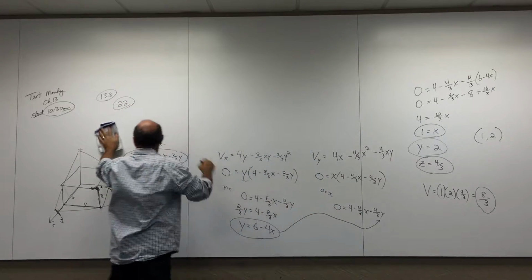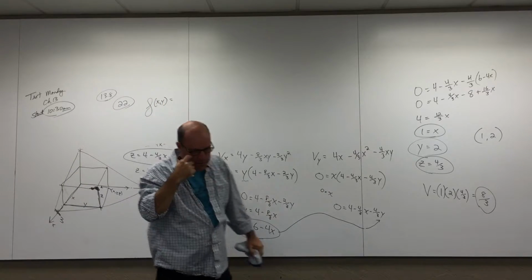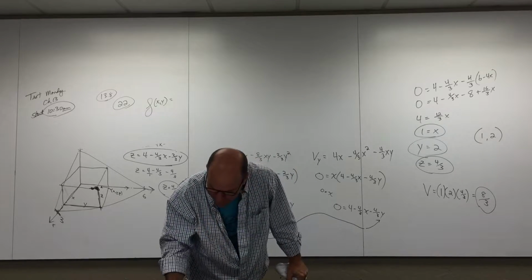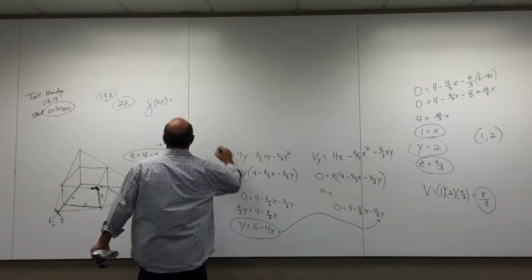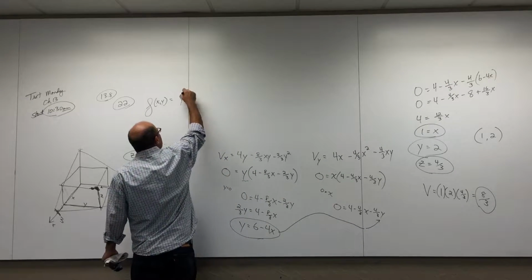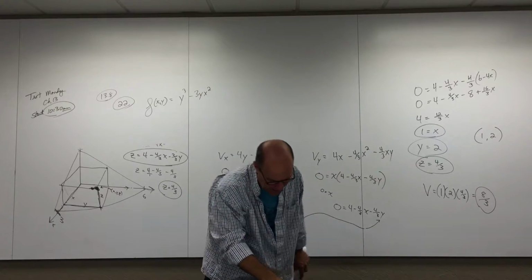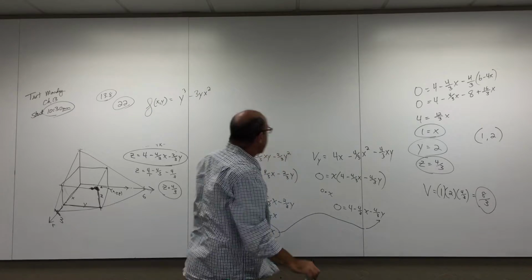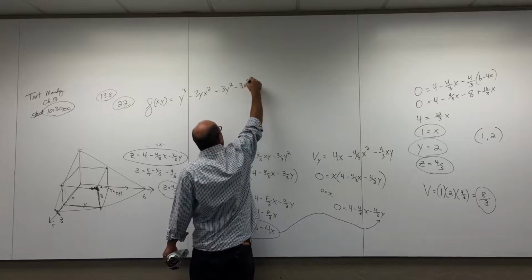But give me this thing. It is 13.8. I found this 22. Y cubed minus 3yx squared minus 3y squared minus 3x squared plus 1.